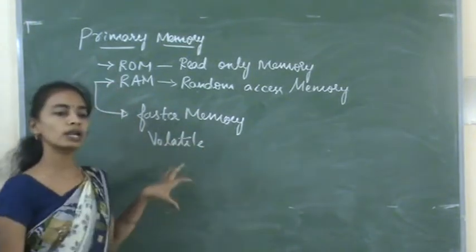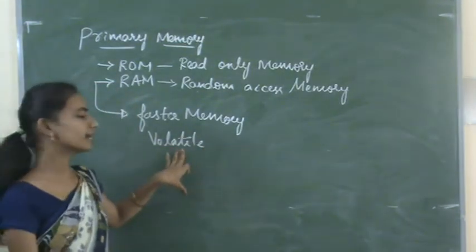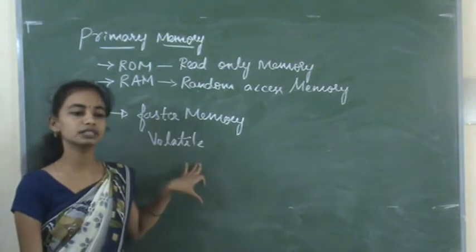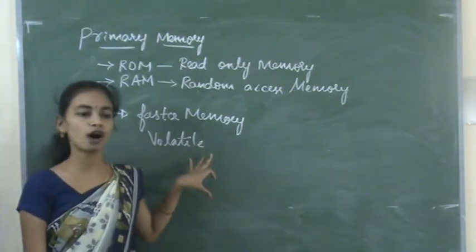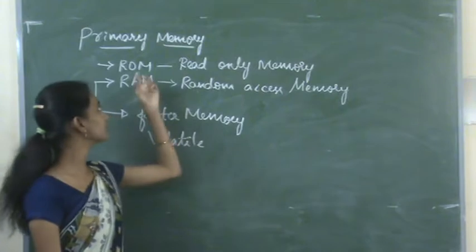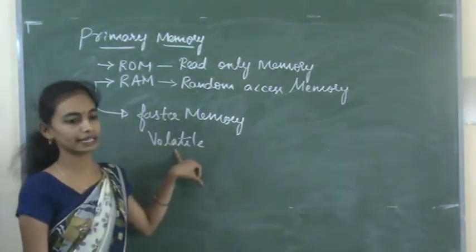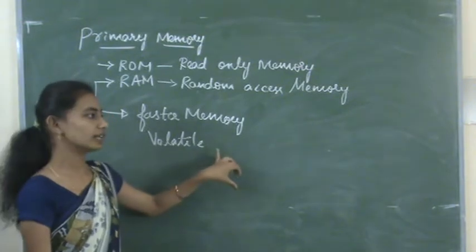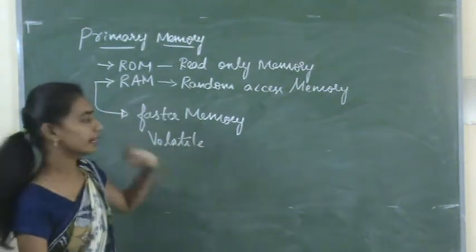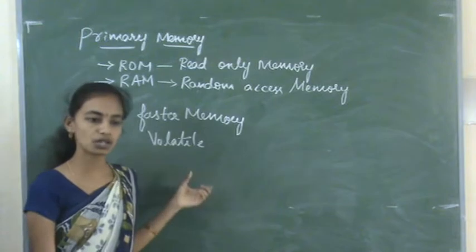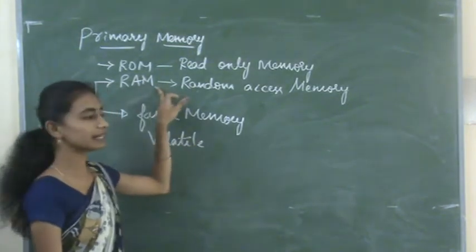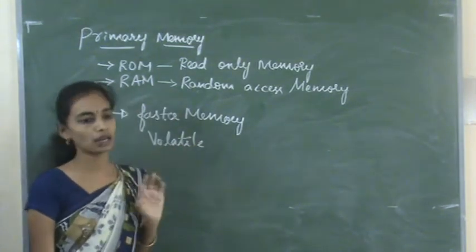Volatile in nature means whenever the power gets switched off, the data present in the RAM will be lost. That we call volatile.